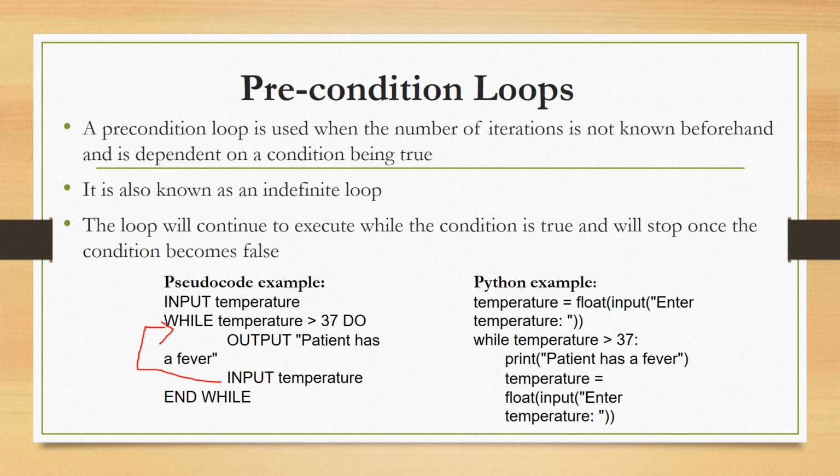If that temperature is greater than 37, then again it will display patient has a fever, and again it will take input until that input is less than 37. When we get an input less than 37, this loop will end through this statement, and our control will come out of the while statement. So a lot of the time this precondition loop is called a while loop.